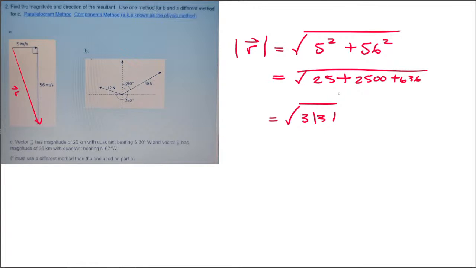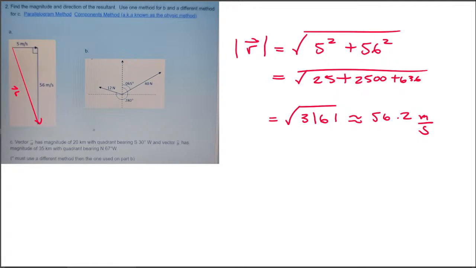You know what? Let me not be a cool guy. Let me just type this in my calculator. 5 squared plus 56 squared. Ah, see, that's why you don't do math in public. 3161. How did I get that wrong? Let's take the square root of that. So this is approximately equal to 56.2 meters per second.